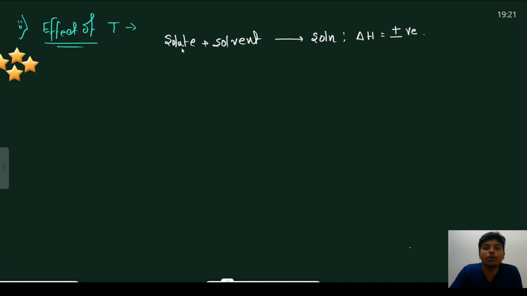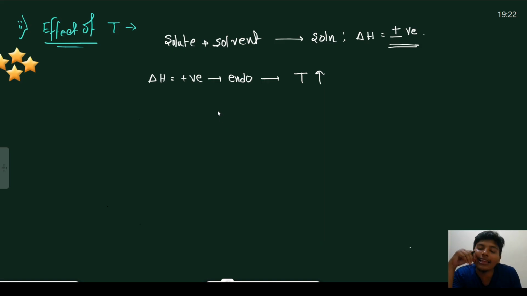But generally, what happens? Solute plus solvent gives solution, and the delta H may be positive or negative. Now listen, if delta H is positive, it means an endothermic reaction. Now, in chemical equilibrium, all of you learn one thing, Le Chatelier's principle.